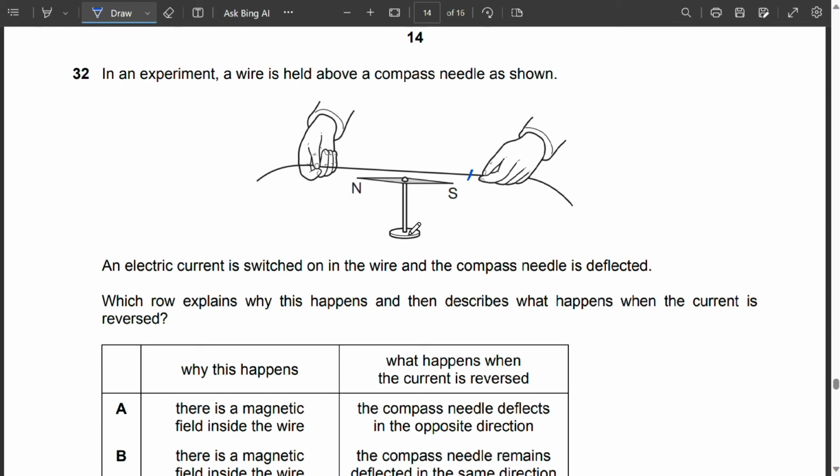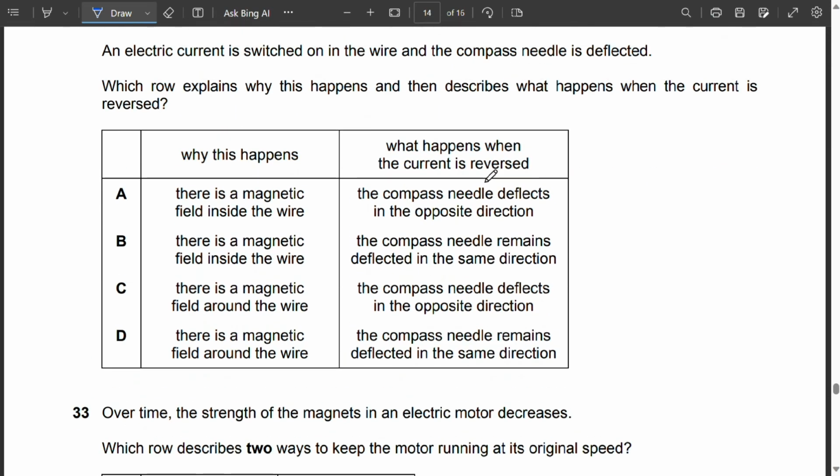Now what happens when the current is reversed? When the current is reversed, the magnetic field direction is also reversed, so there will be deflection in the compass needle, but now in the opposite direction. So I think C is the correct one. There is a magnetic field around the wire, yes, and the compass needle deflects in the opposite direction.